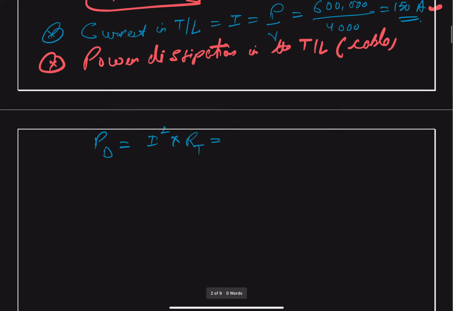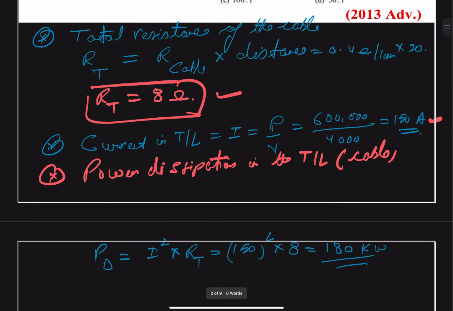Current we just found out is 150 amperes, multiplied by total resistance, that is 8 ohm, and this comes as 180 kilowatt. So this is the power dissipation in the transmission line or cable, and we are asked to find out the percentage power dissipation.